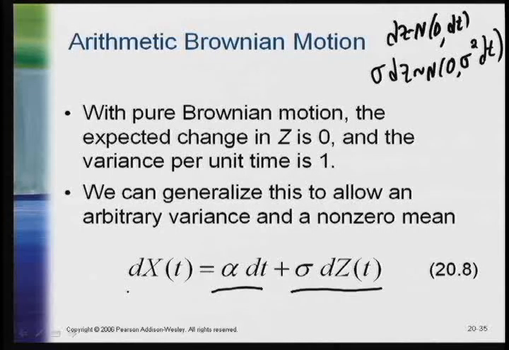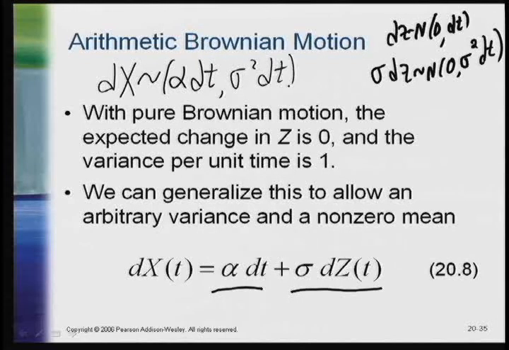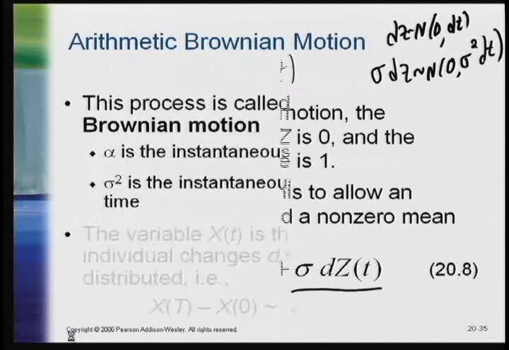So that ultimately, from this analysis, we'll see that dx with arithmetic Brownian motion has a normal distribution, and the mean is alpha dt, and the variance is sigma squared dt. So with this shift in the drift and the multiplier of sigma, we're able to move both the mean and the variance of the changes in this process.